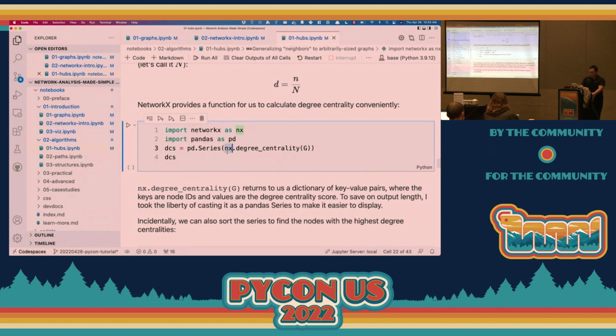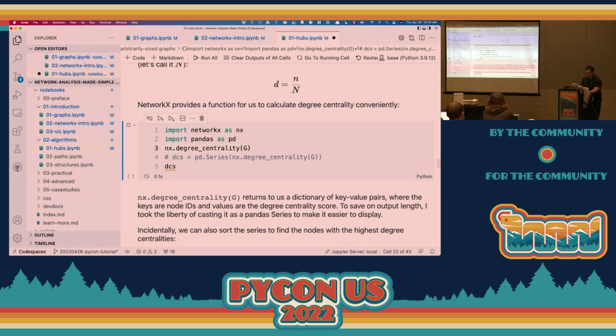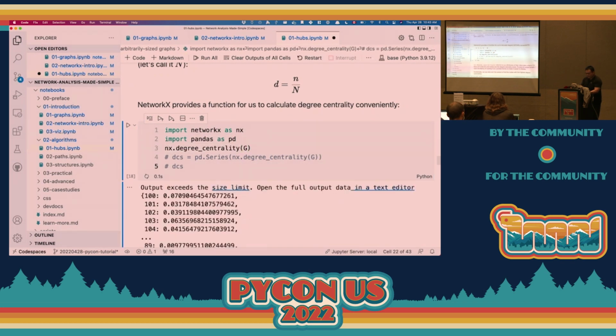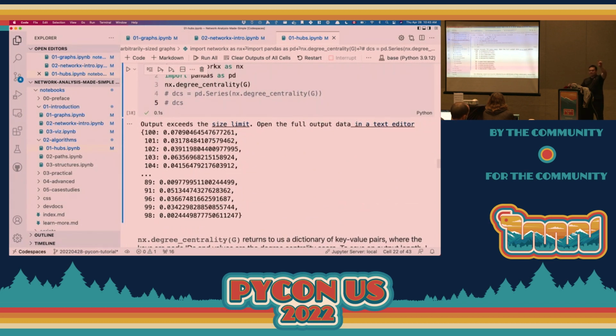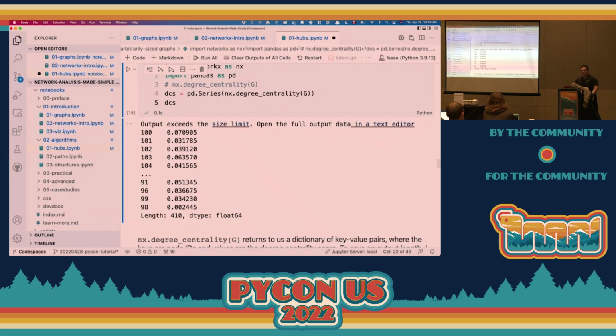So NetworkX does provide a degree centrality function. The way that you use it is you use nx.degree_centrality, pass in the graph object G. I'm going to do this step by step, actually. And what you get back is a dictionary that maps node to degree centrality metric, which then, if you know the patterns that we're trying to establish, you can pass that into a pandas series and do stuff like rank ordering and the like, okay?